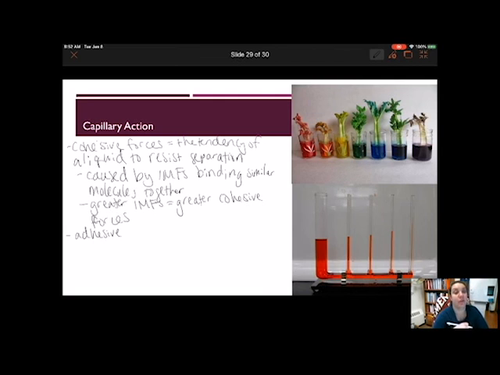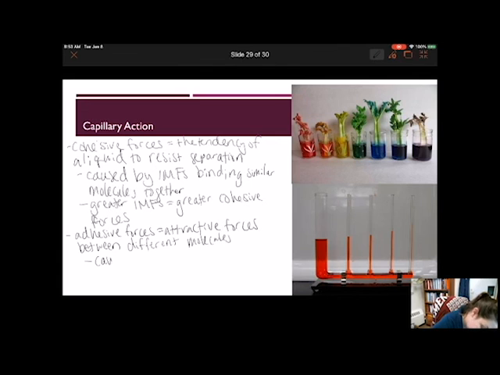Adhesive, again, is when it adheres to something else, caused by intermolecular forces binding different molecules together.